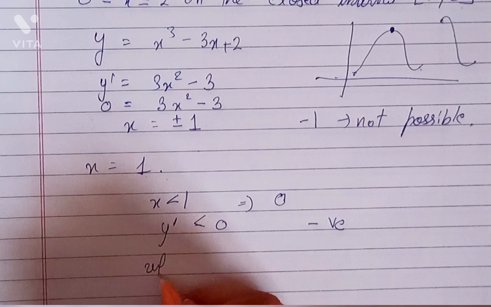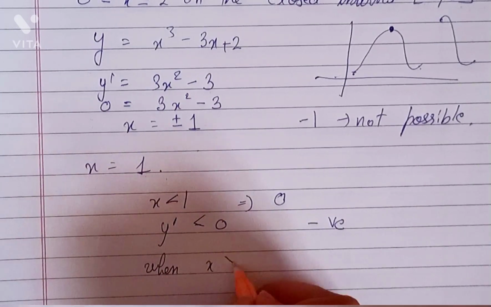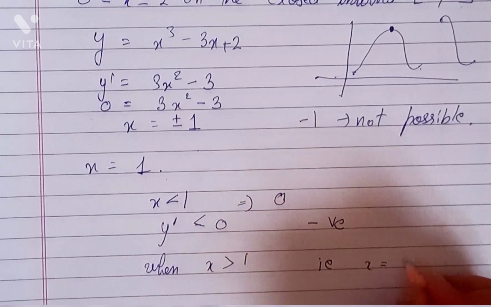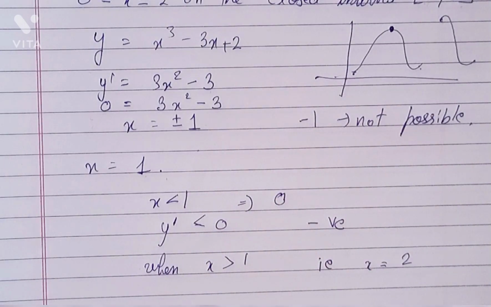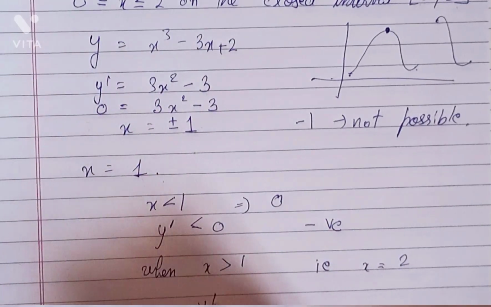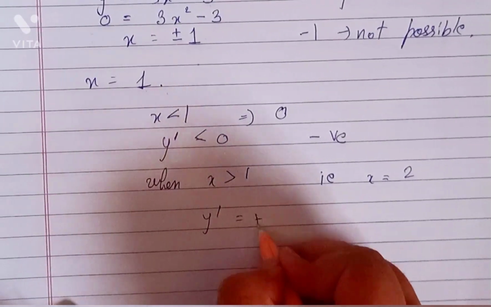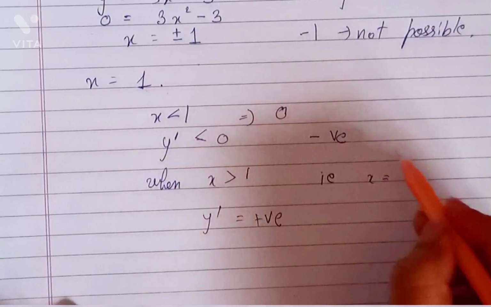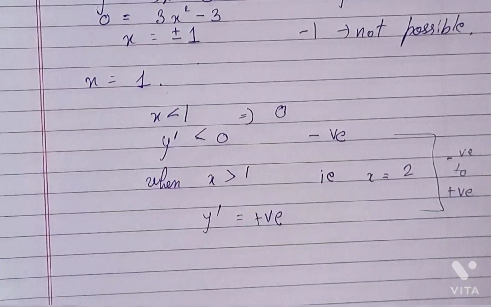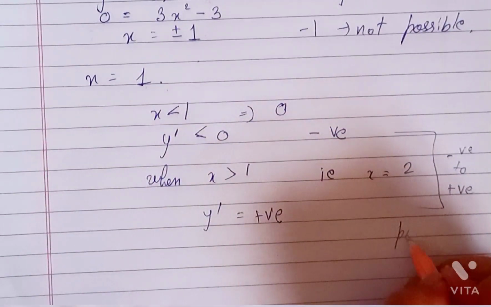Now when x is greater than 1, suppose it to be 2, put it in y dash, and y dash will give us a positive quantity. So we could see the change from negative to positive. From this we could conclude that this is a point of minima.